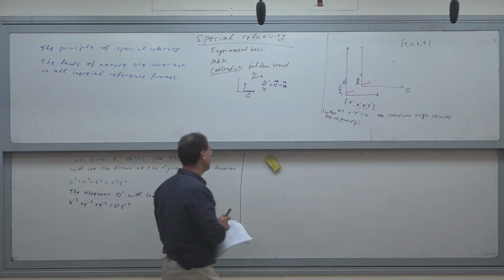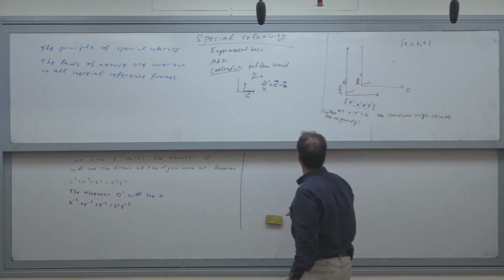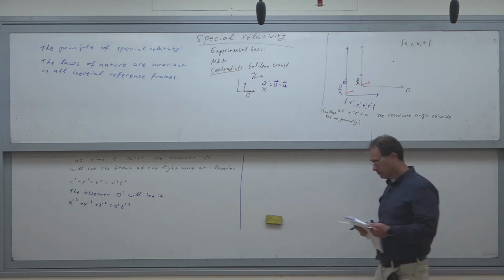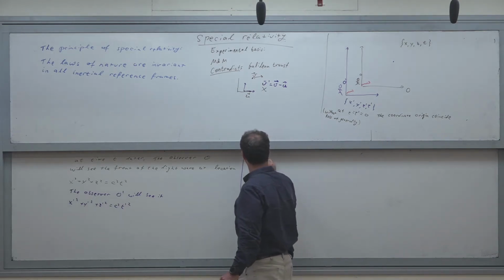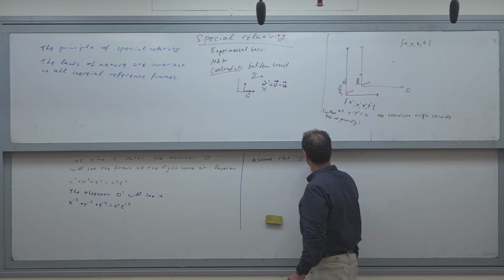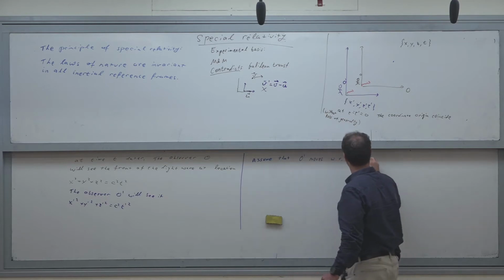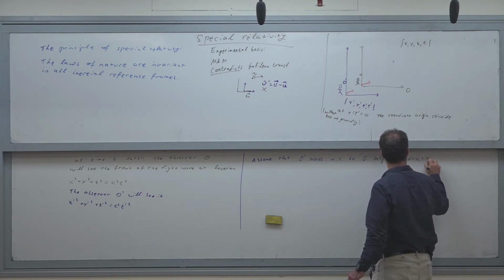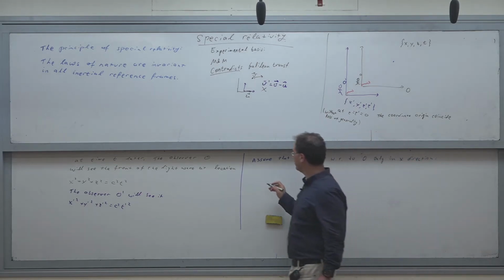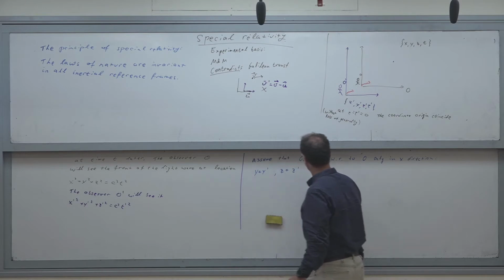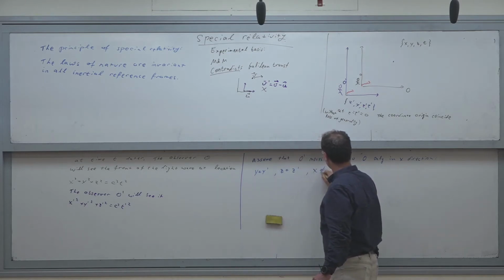So in that case, we have that y is equal to y prime and z is equal to z prime, but x is not equal to x prime.